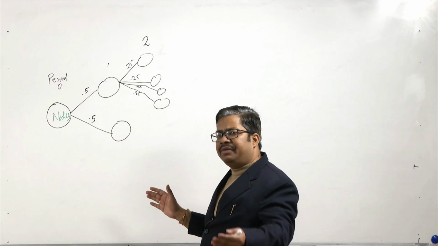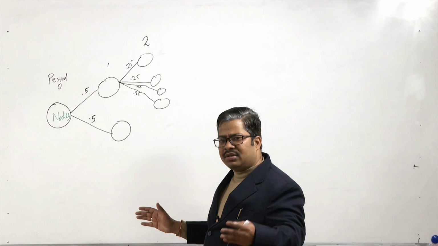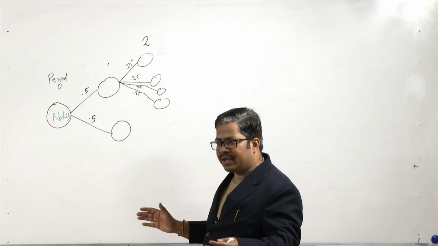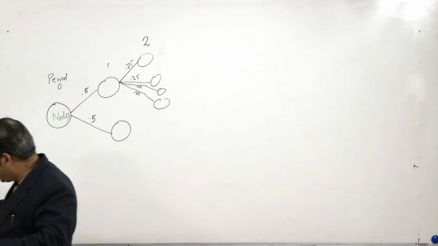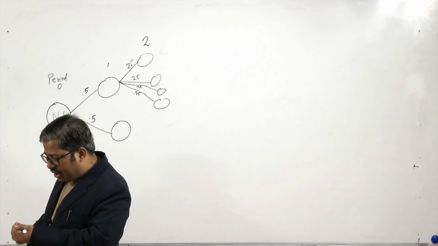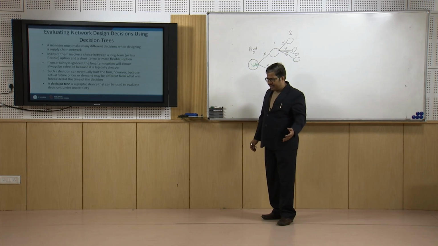We have already gone through this type of decision tree discussion in statistics and mathematics classes, but here we will see a practical application of decision trees in evaluating our decisions in supply chain, where uncertainty is there.